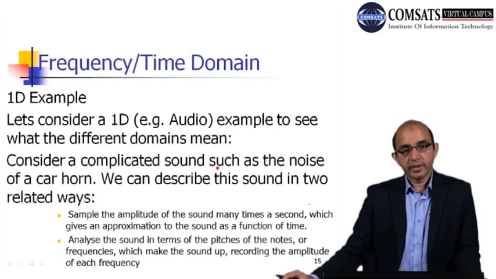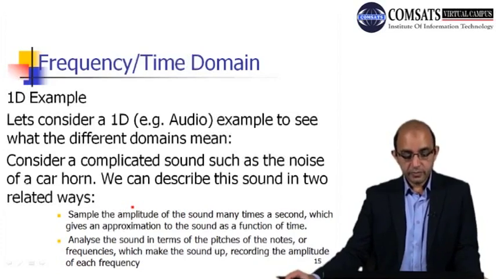So let's talk about an example, a one-dimensional example, to see what different domains mean. Consider a sound, the noise of a car horn. We can describe or represent this sound in two related ways.